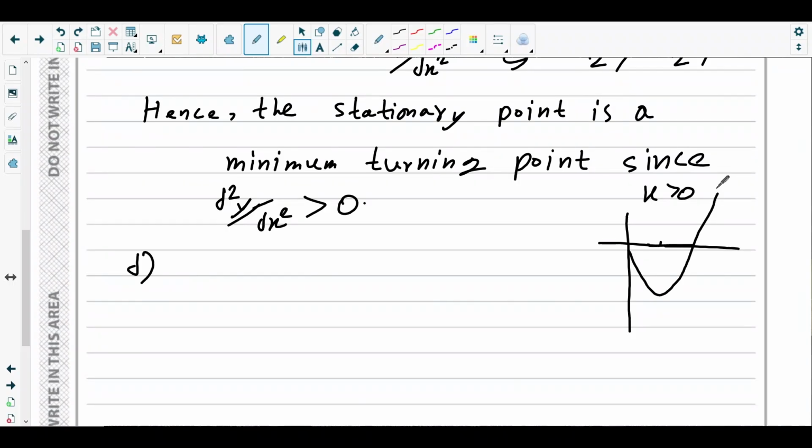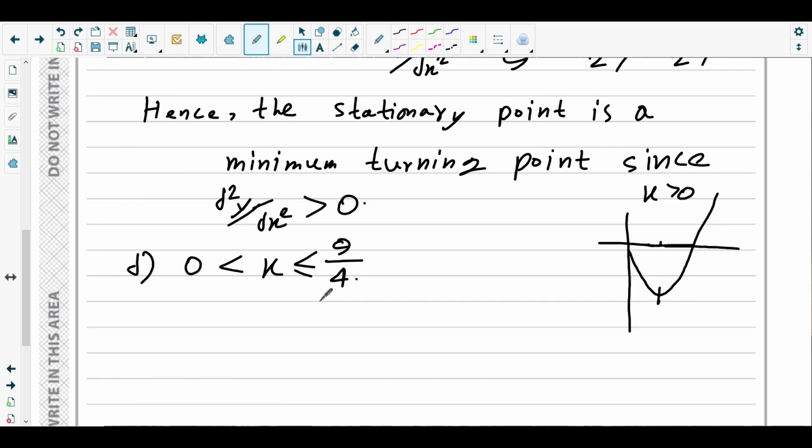So they wanted the range of possible values of x for which the curve C is decreasing. So it is decreasing till the minimum turning point, right? So the range of possible values for x is x greater than 0 and less than or equal to 9/4.